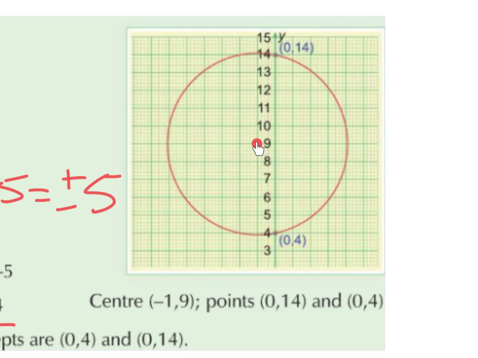So this is the center point of our circle. We put our compass point at minus 1, 9 and open it up so that it's touching one of our intercepts, either 0, 14 or 0, 4. It doesn't matter which. Let's go with 0, 4. So we put our pencil point here, our compass point here, and then we draw our circle.